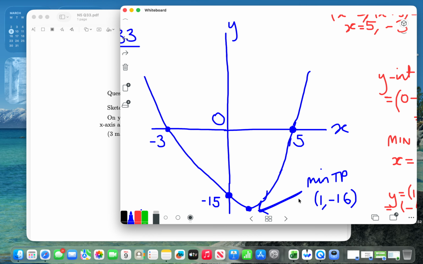If we found that the minimum turning point was (1, minus 14), for argument's sake, and the y-intercept was minus 15, then surely the lowest value of y can't be minus 14, because the minimum turning point gives the lowest possible value of y. So the fact that we found it to be minus 16 is a good thing.